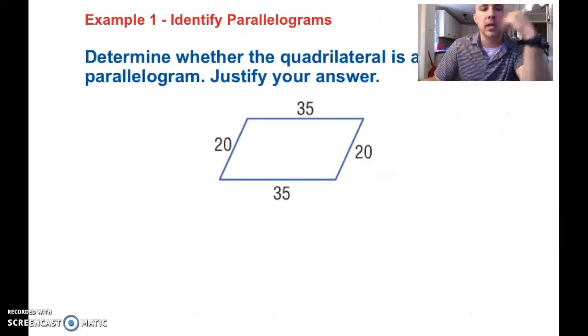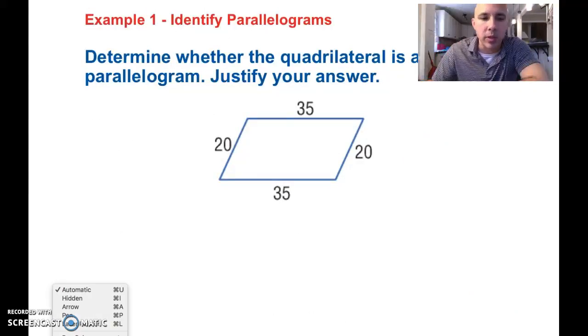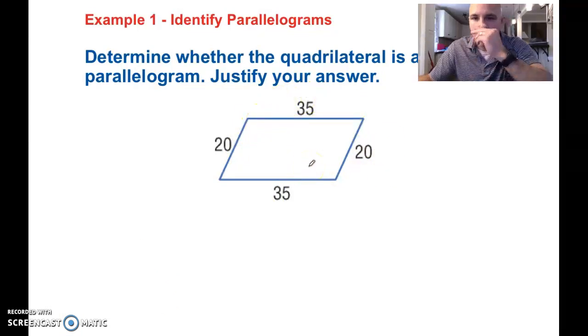Example number 1 on identifying parallelograms, benchmark number 26. Let's work this out. Determine whether this quadrilateral is a parallelogram, and justify our answer. The first thing I notice is that you have a segment 20 here and 20 here, so both of these are congruent.